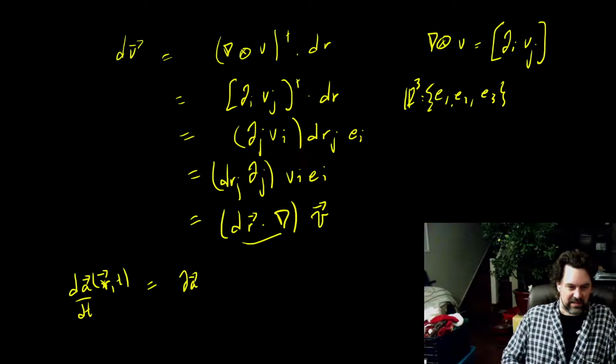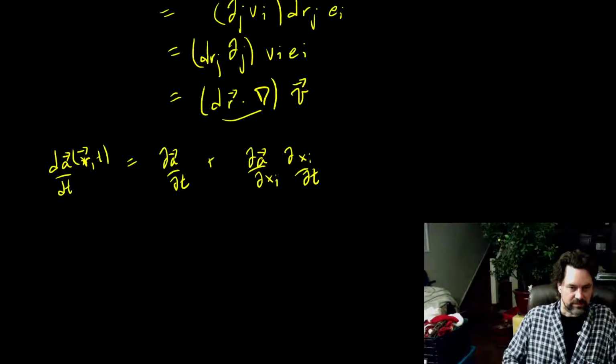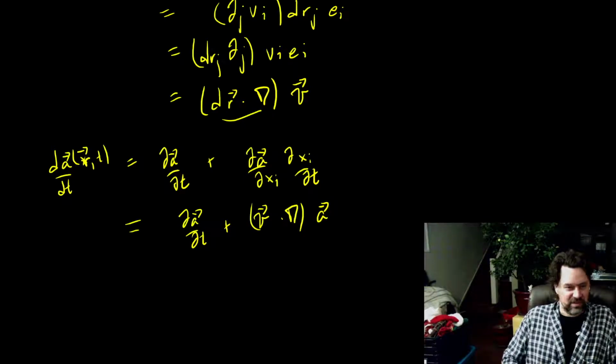That's partial dA/dt plus dA/dxi dxi/dt, which we could say is dA/dt plus v dot grad A.